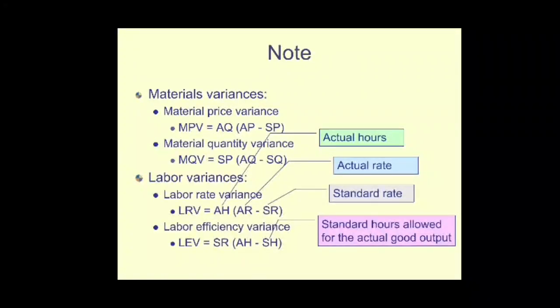So when you want to do the labor variance analysis, the labor rate variance formula is actual hours times actual rate minus standard rate. And when you want to do the labor efficiency variance, look at the last formula at the bottom of the slide.